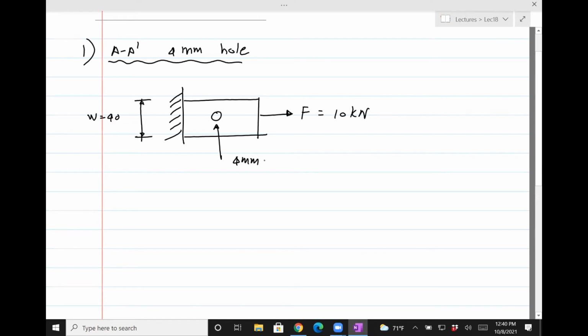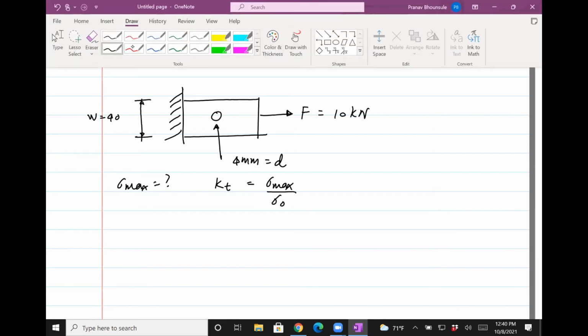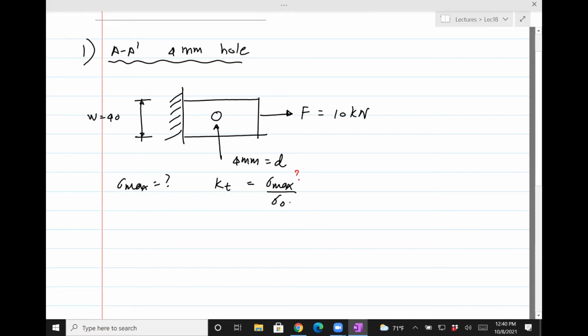And this diameter is 4. Okay, first step: we are trying to find sigma max. The way we'll do it is, we know the definition of KT, which is sigma max divided by sigma 0, right? So if we have to find sigma max, we need to find sigma 0 and KT.